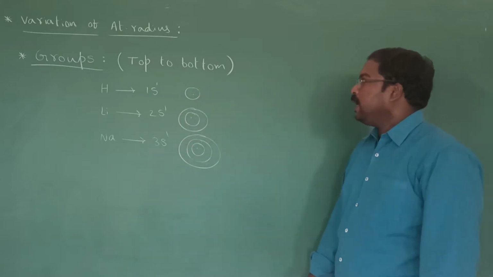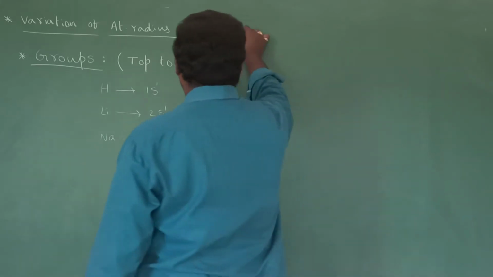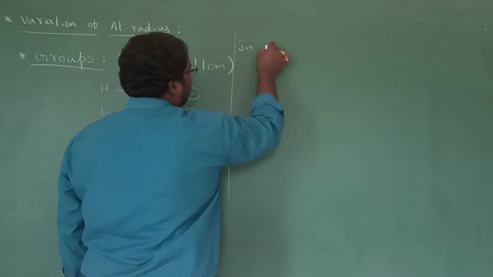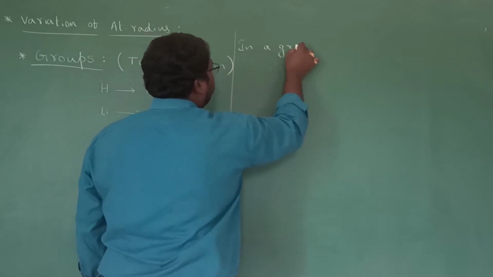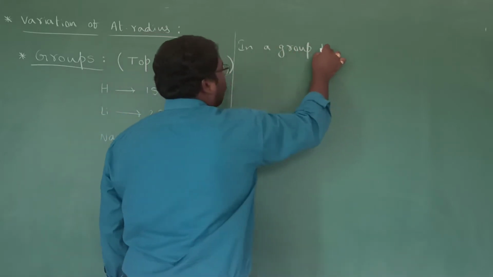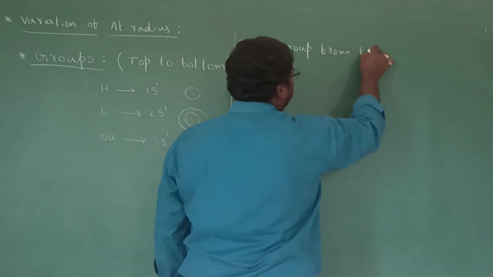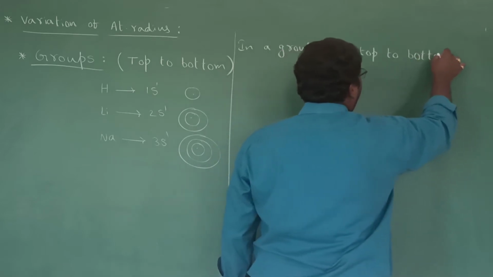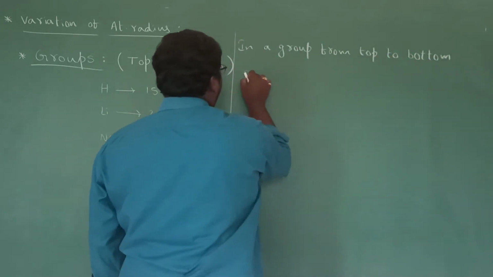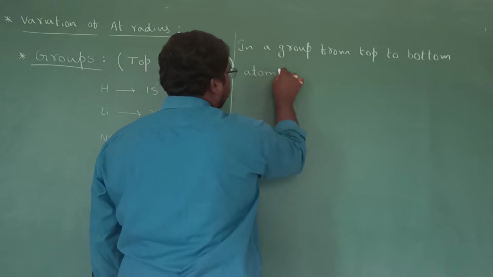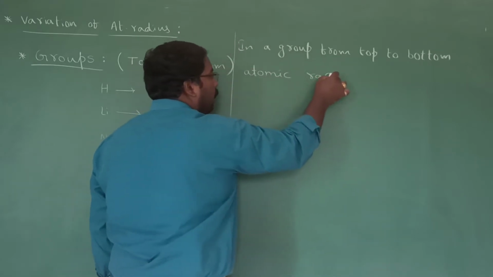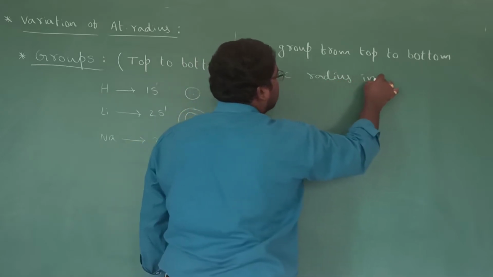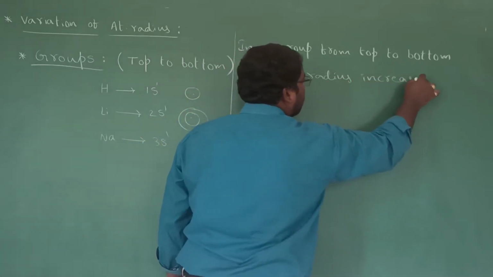Write that point. In a group, from top to bottom, atomic radius increases.